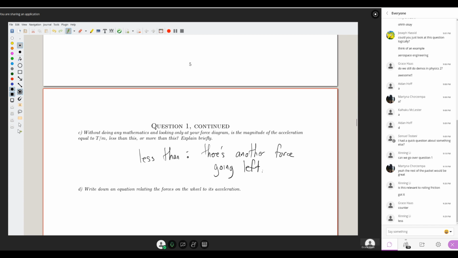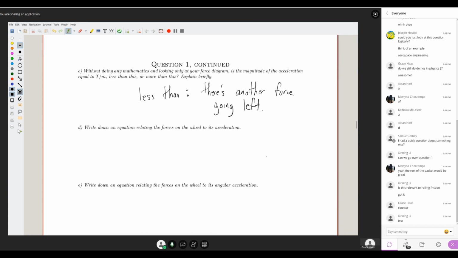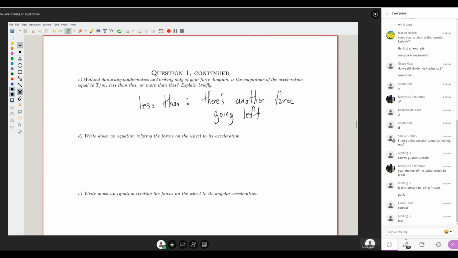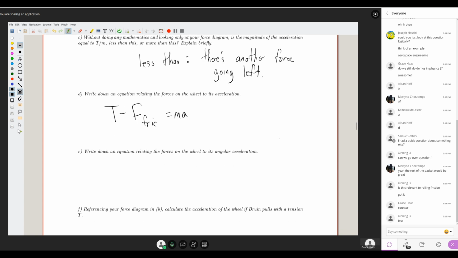going left. Okay, write down an equation relating the forces on the wheel to its acceleration. Hey, we just did that. T minus F fric equals ma. Write down an equation relating the forces on the wheel to its angular acceleration. So we're looking for angular acceleration. So now we have the net torque equals I alpha.